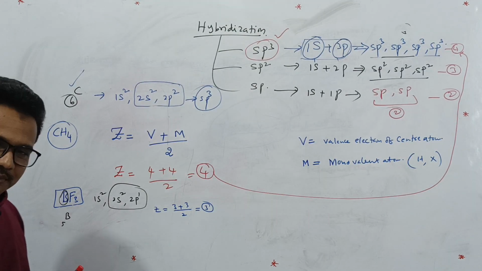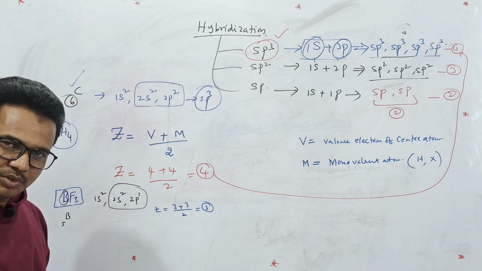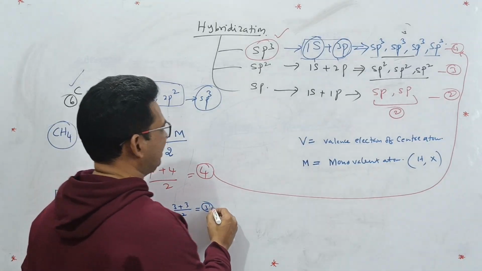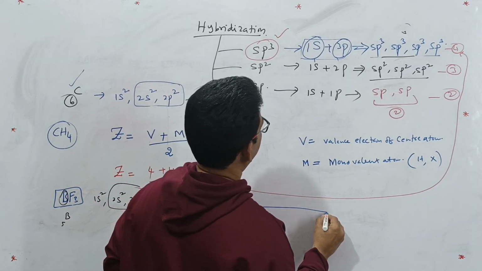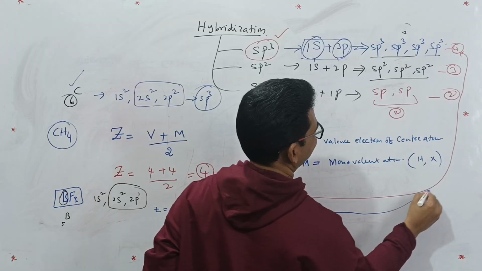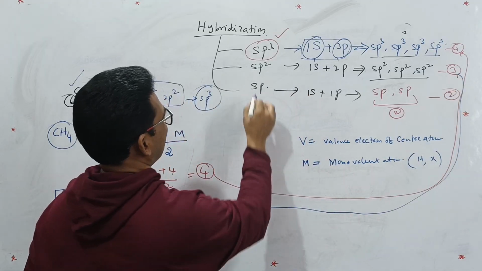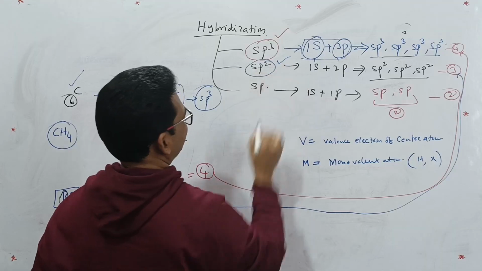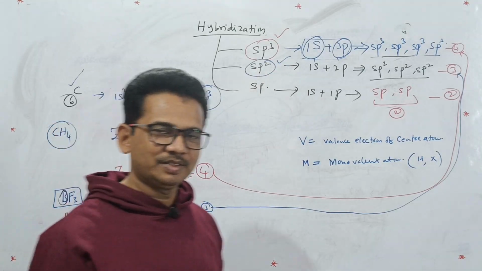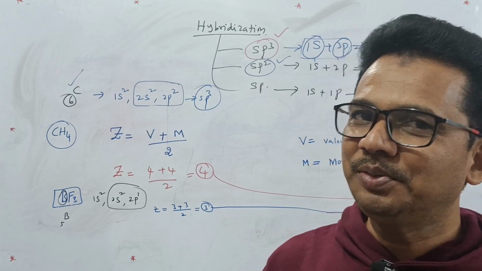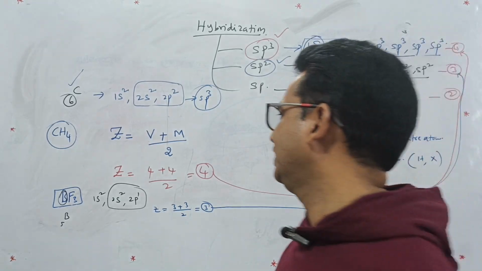3 means 3 equivalent orbitals are going to be produced. What type of hybridization is this one? See, 3 means sp2. Understand? sp2. Why is it produced? 3 equivalent orbitals.